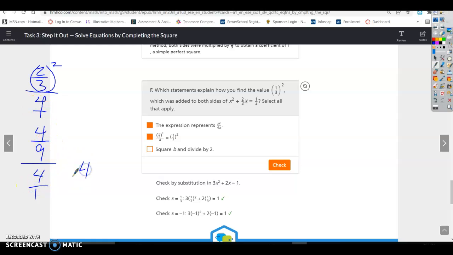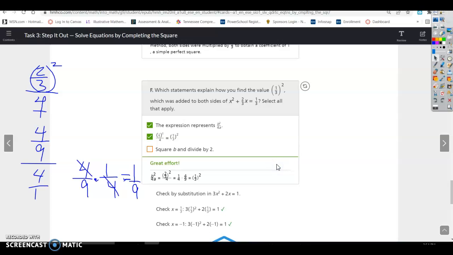So I'm going to have 4/9 times the reciprocal of this, which is 1/4. So that equals 1/9. And 1/3 squared is 1/9 as well. So what they're doing is just working with fractions there.